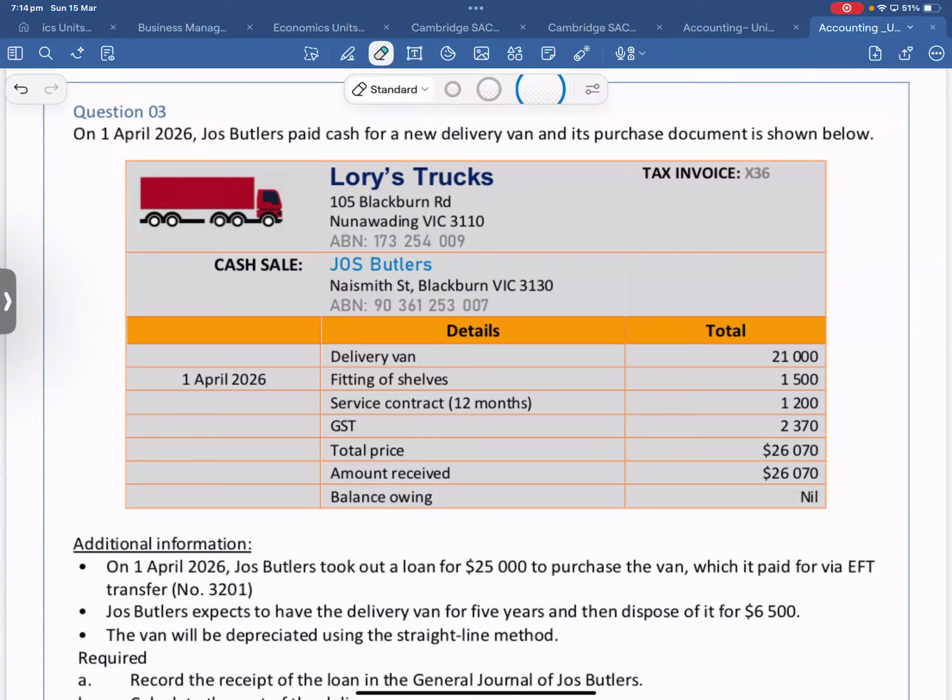April, May, June, how many? It's 3 months. 812 divided by 3. That's the annual depreciation expense. How many months a year? 12. Times 3, divided by 2. Yes, right.